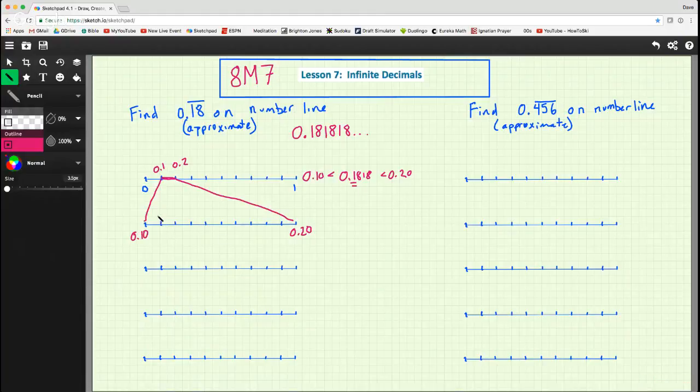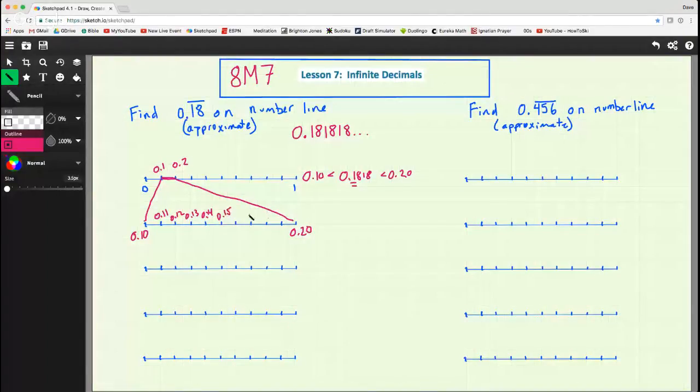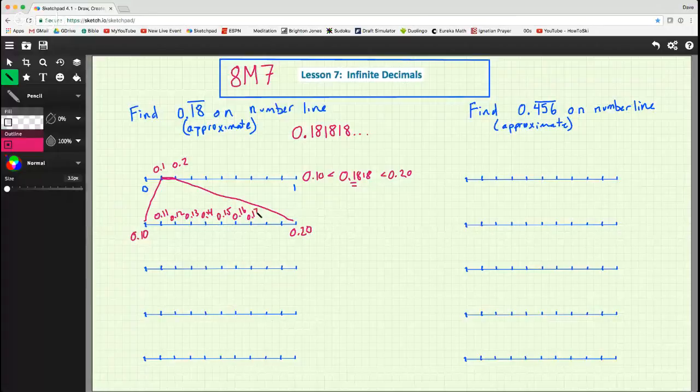So now I go, this would be 0.11, 0.12, 0.13, 0.14, 0.15, 0.16, 0.17. If you know how to do this now, maybe you can do that one on the right, 0.19. So now we have to go one more digit.